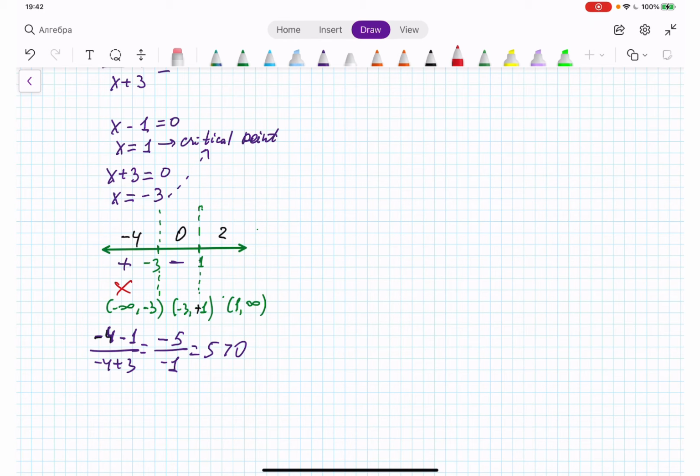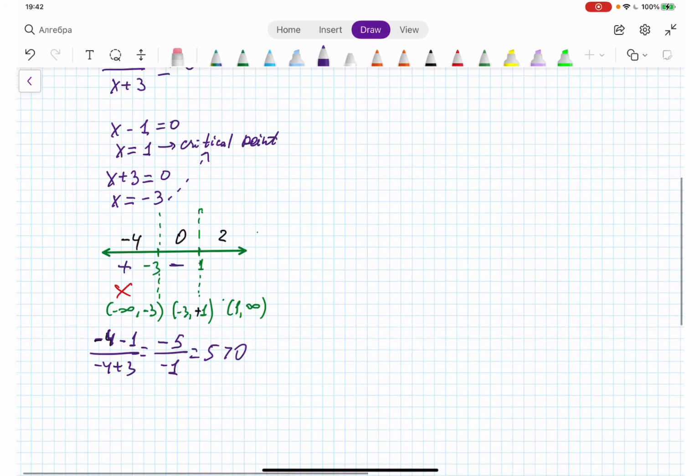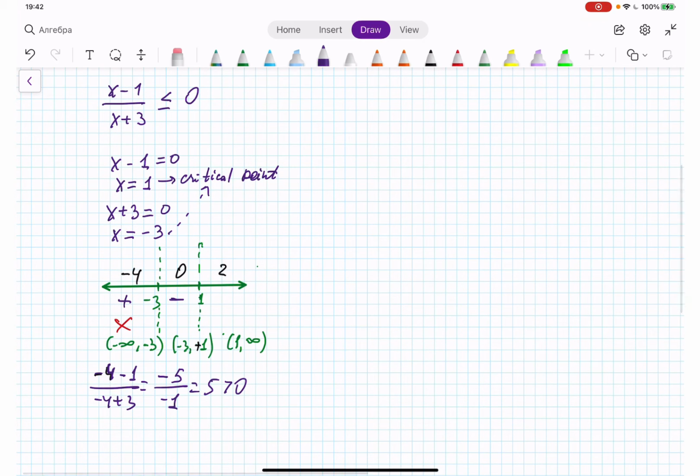Next, I'm taking 0 between negative 3 and 1. So 0 minus 1 over 0 plus 3, I'm getting negative 1/3, which is less than 0. Bingo, this interval satisfies. It's negative, and I have negative there. And lastly, between 1 and positive infinity, I'm taking 2.